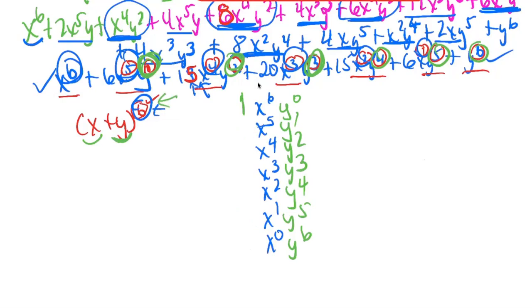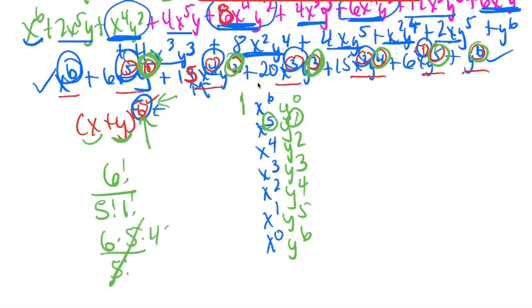So what happens is you take this number 6 and put it over these two factorials. 5 factorial times 1 factorial. That's 6, 5, 4, 3, 2, 1 canceling out with this 5, 4, 3, 2, 1, and just leaves you 6.